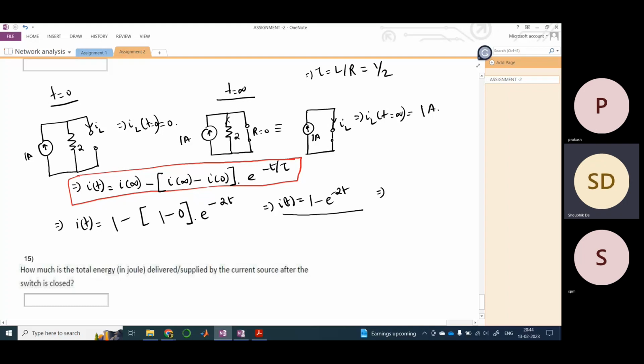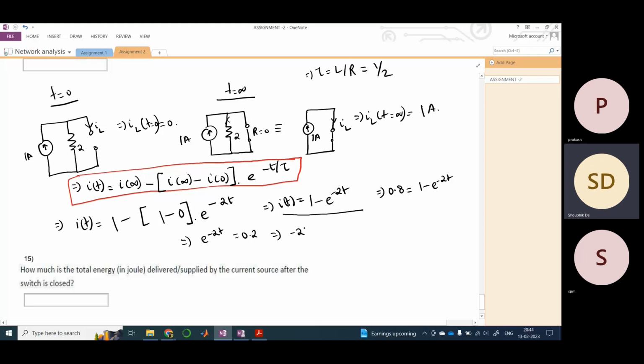Okay. So we need to find the time required for the current to drop to 0.8 ampere. So we need to just substitute it, 0.8 equals 1 minus e to the power minus 2t. So this is again very simple. E to the power minus 2t equals 0.2, right? So again take ln on both sides.